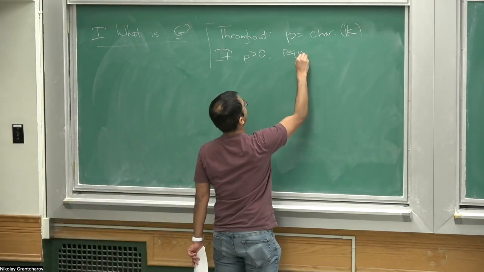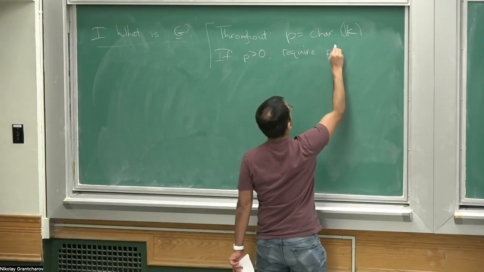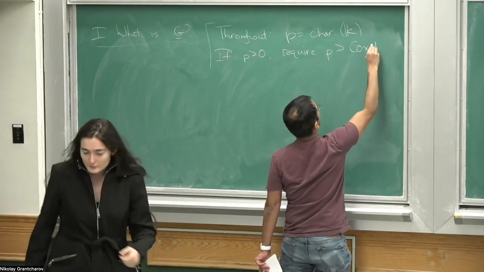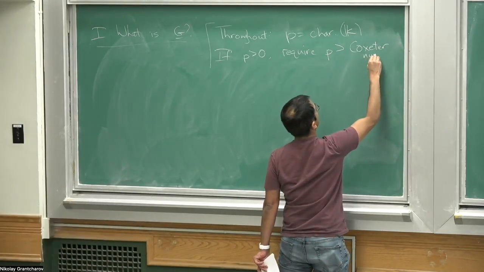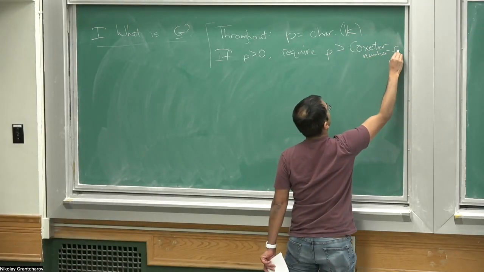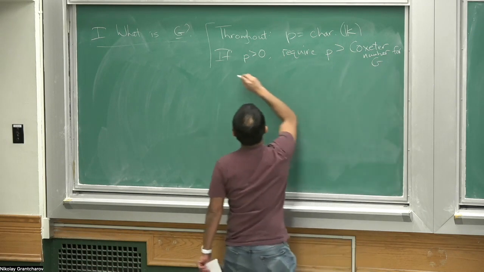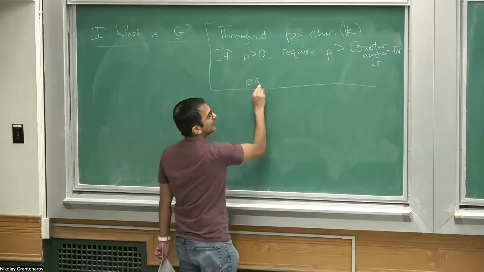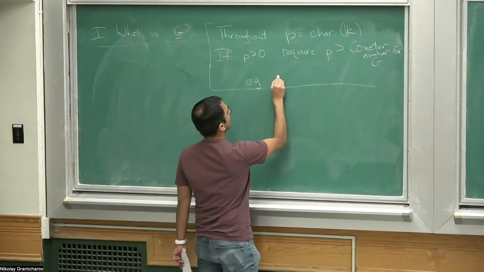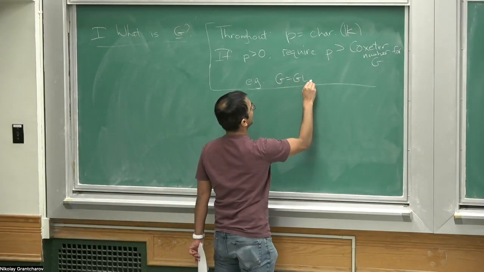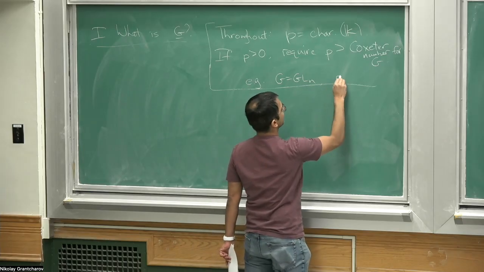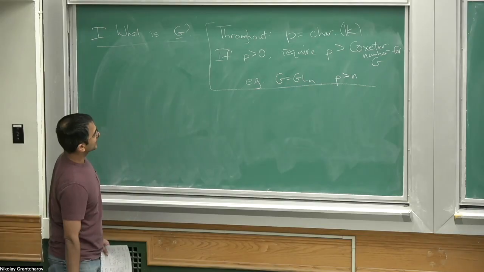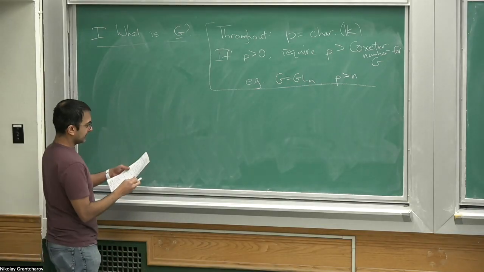I'm going to require it to be bigger than the Coxeter number for G. So an example is, this is not an enormous number: if G equals GL_N, then the Coxeter number is N. So that's what P bigger than the Coxeter number is.